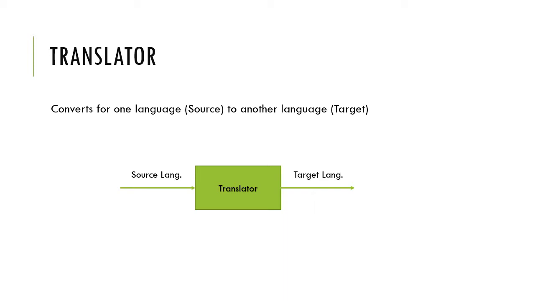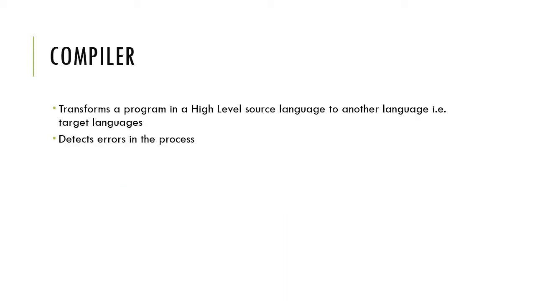Let us move to something more specific. A compiler is nothing but a translator, but now the input to the compiler is always a high-level language. So the source language program is always a high-level language program.